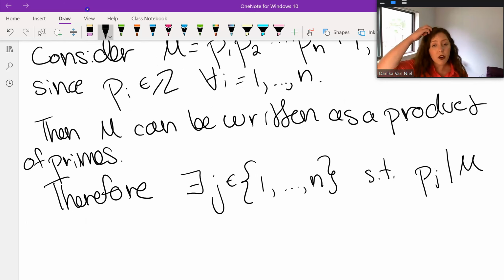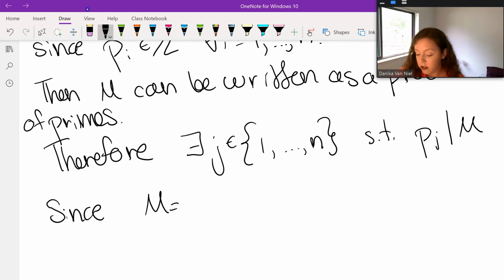Therefore there exists some j, some number j between 1 and n, such that Pj divides M, right? Because M has to be written as a product of primes. So since M is a product of primes, we must be able to pick one of those and it must divide M. So now we're going to do a little bit of algebra.